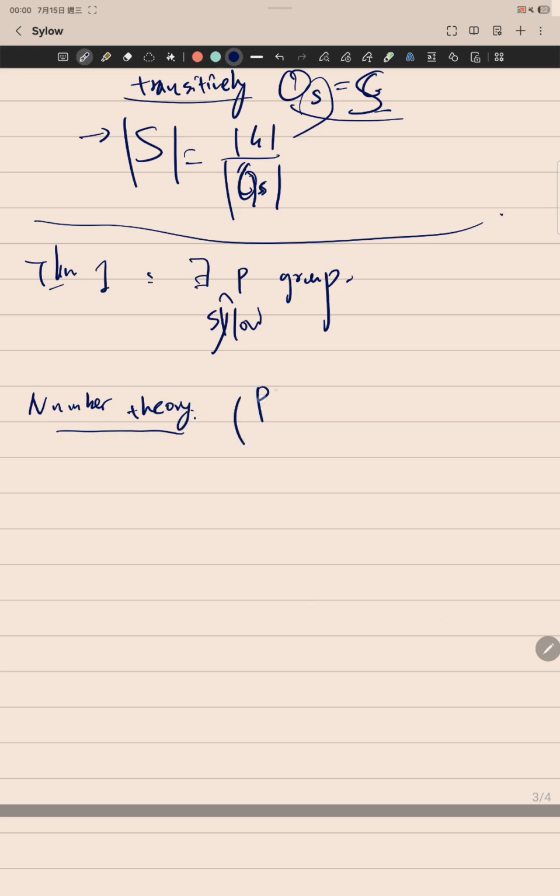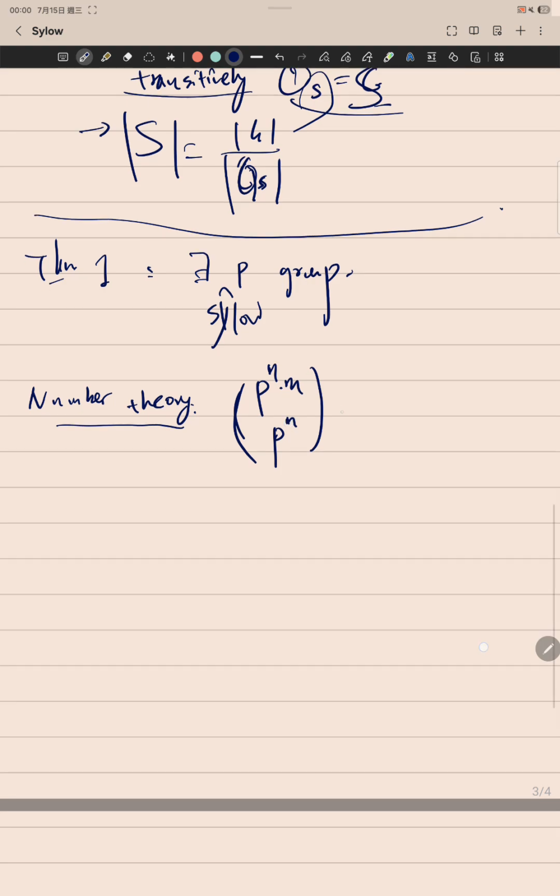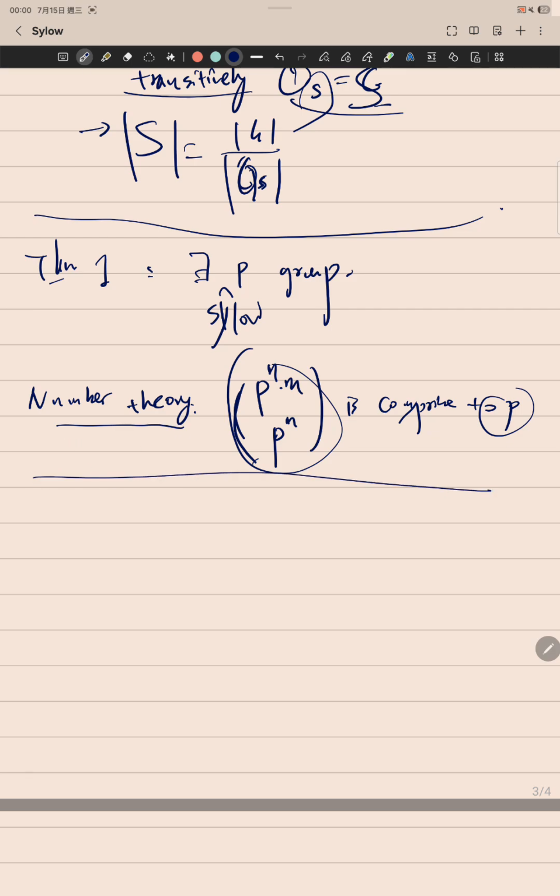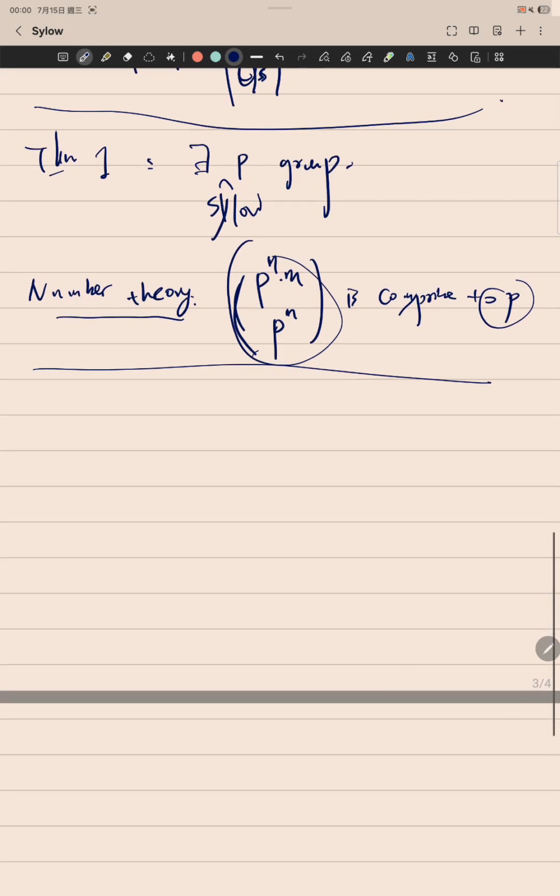It says that if you take the binomial coefficient p^n m choose p^n, then this number is coprime to p, meaning there is no extra prime factor p coming from here. To prove this, you need some basic number theory, but I'm just going to skip it and assume that this is true. But it's very simple. You can prove this.